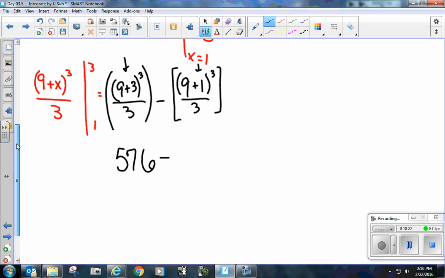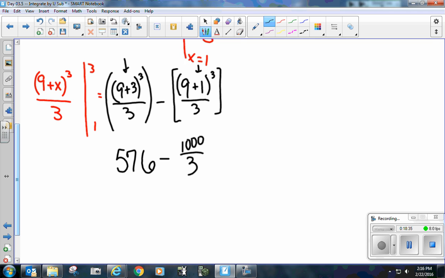Minus 10 cubed, which is 1,000 divided by 3, isn't it? In your calculator, do this: alpha y equals for your 1,000 over 3, so it gives you a fraction as an answer. I want an exact answer. So do 576 minus alpha y equals 1000 divided by 3. And the answer, what do we got?